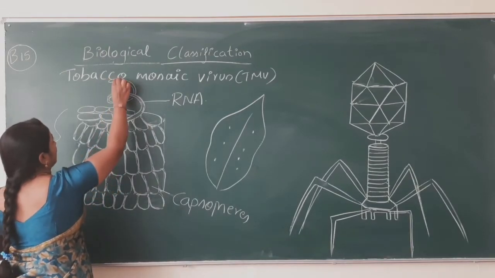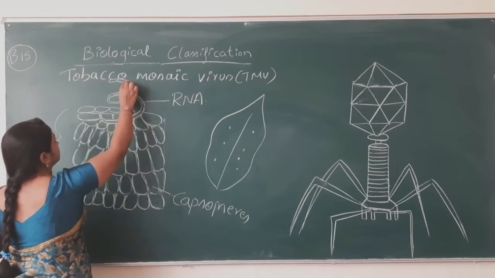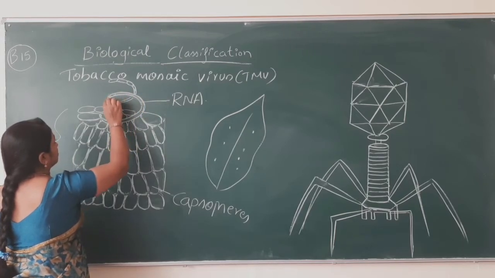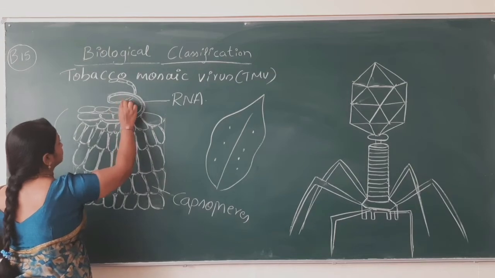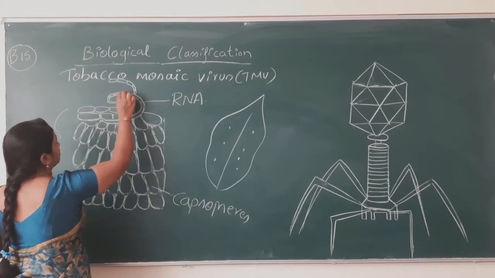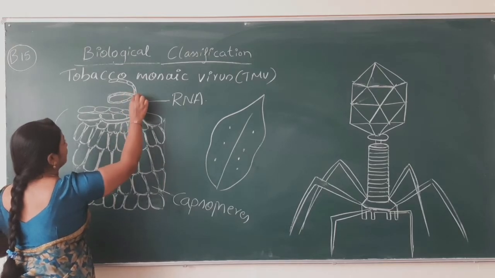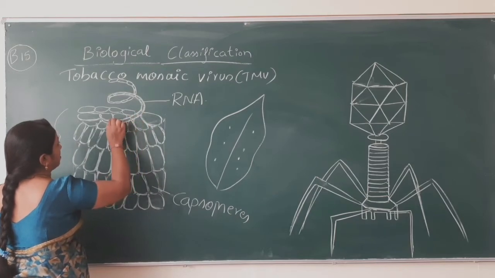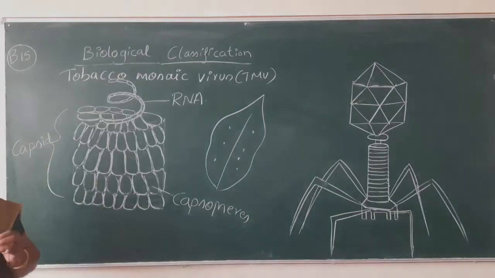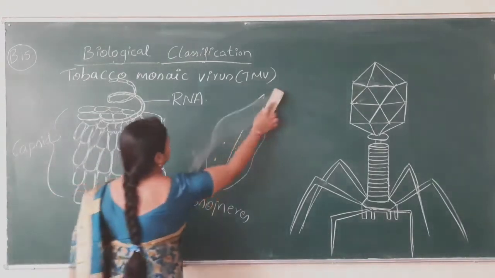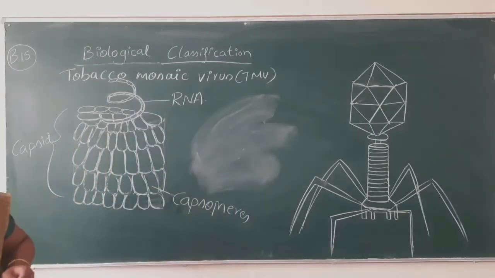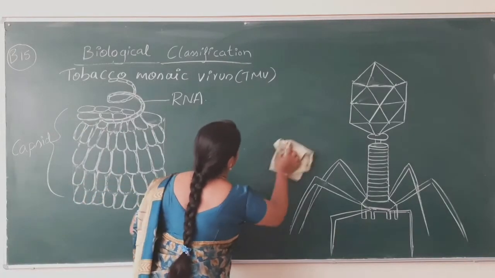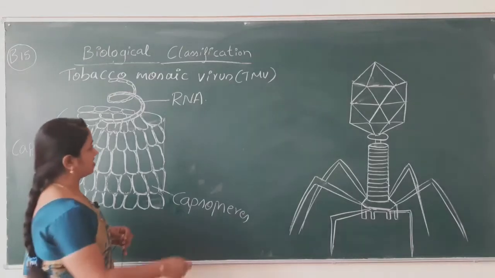Here you have to make some circles. One more question arises: maybe you are thinking how to draw this diagram. Already I have drawn this diagram on the board, so you may get confused. No problem, I'll teach you how to start this diagram. When they give this diagram in the examination, how do you start?